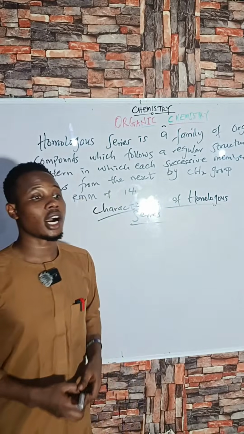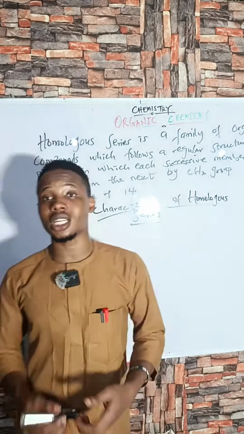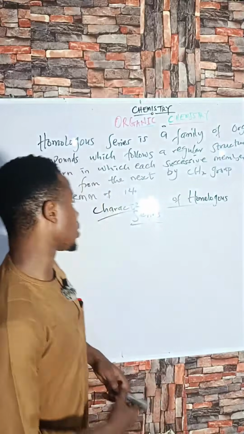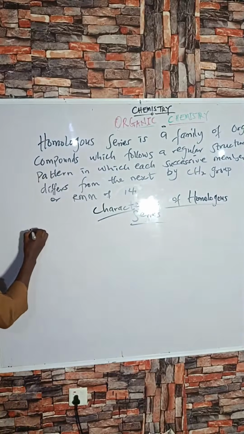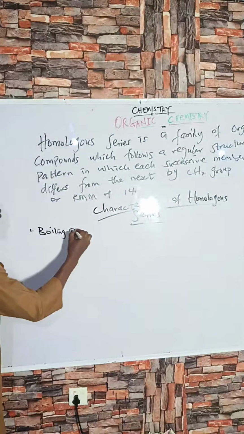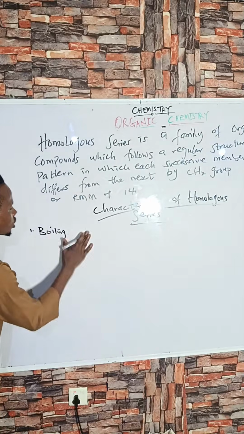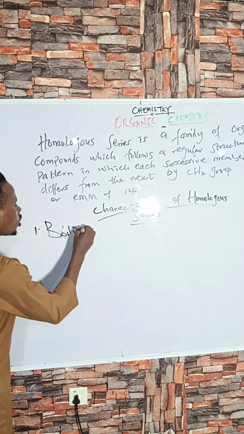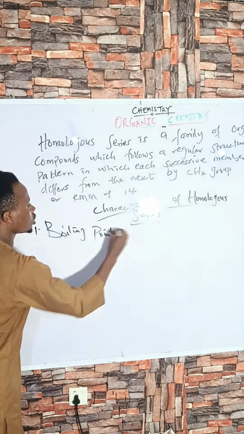Now, those physical properties that vary, what are the things we must know about them? The first thing is the boiling point. We must know some things about the boiling point of a homologous series.